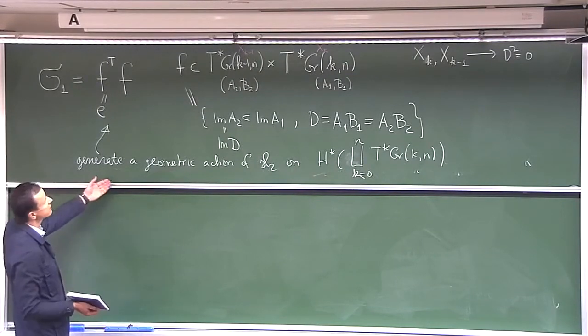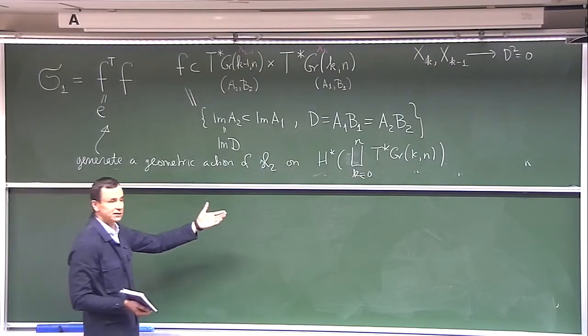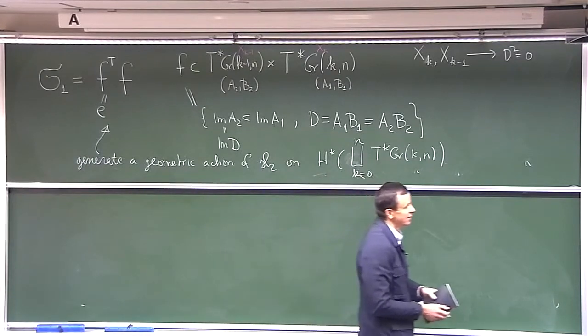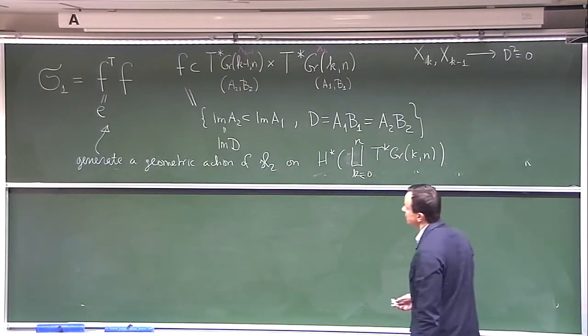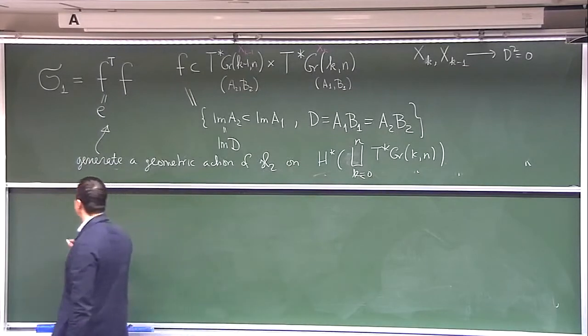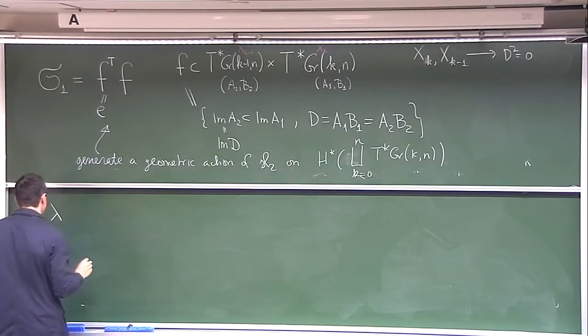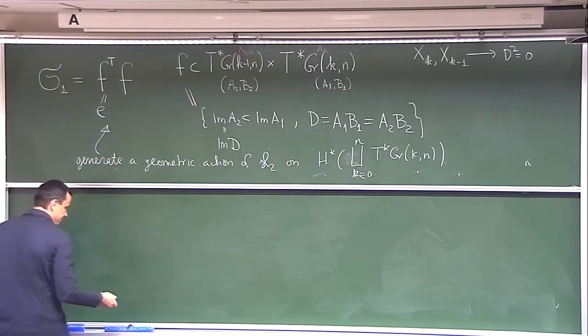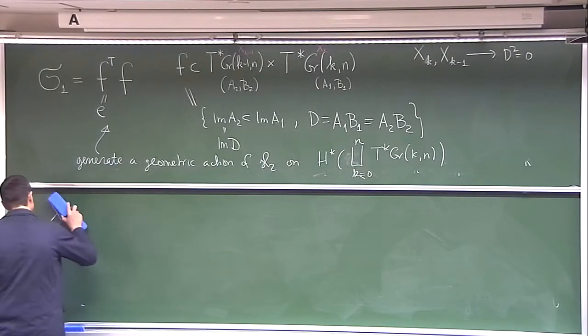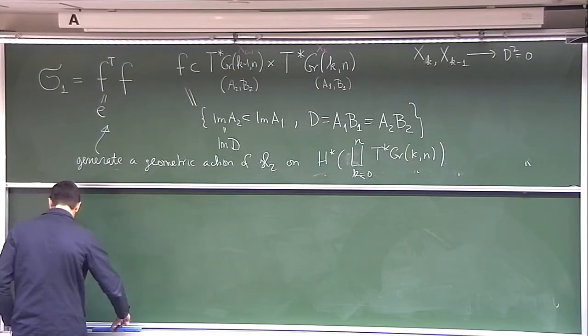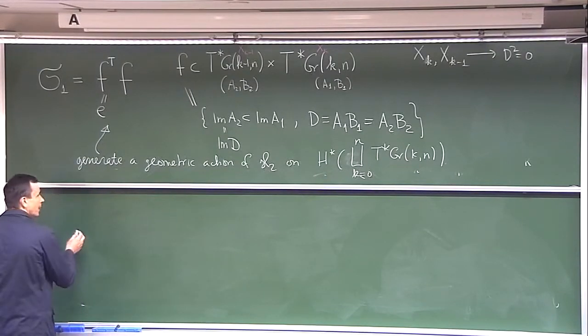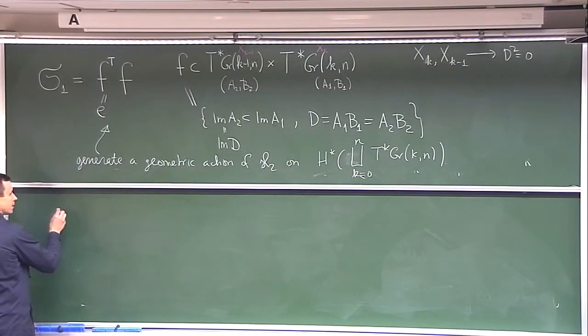And so how are we using this language? How are we going to write the quantum product then? So if we want to write the quantum product, let me remind you how the quantum product is defined.